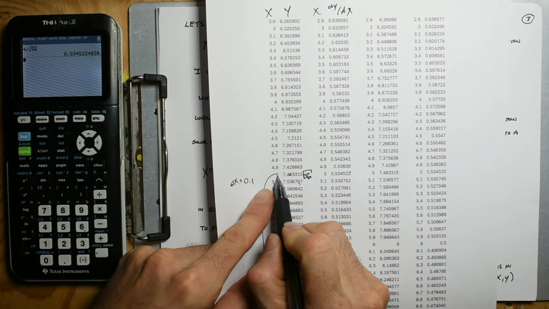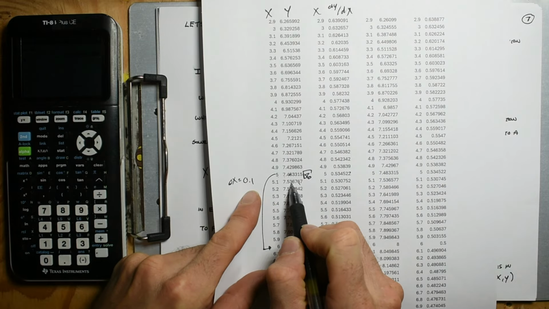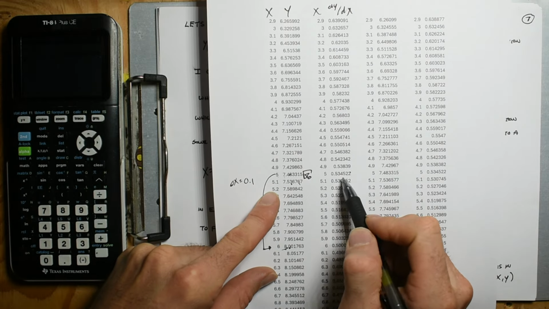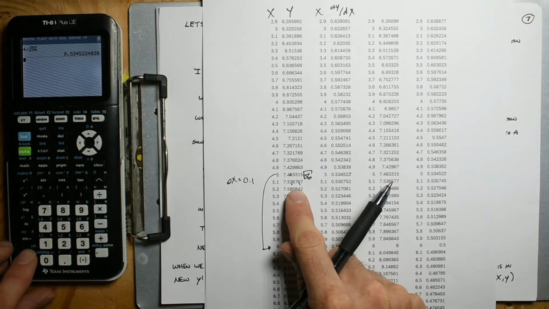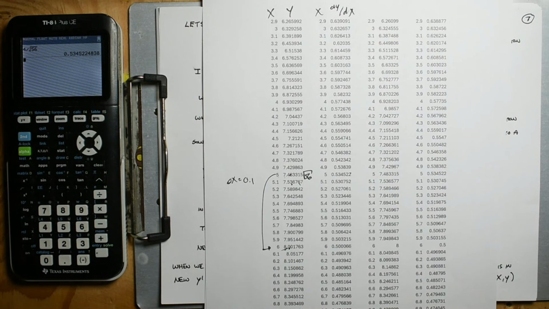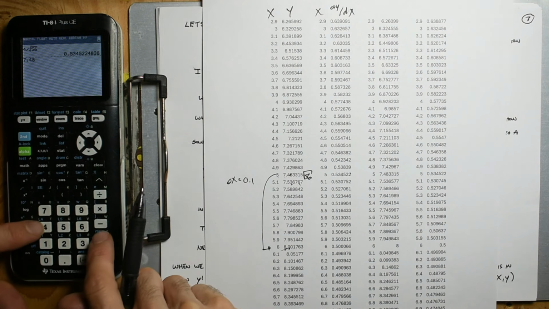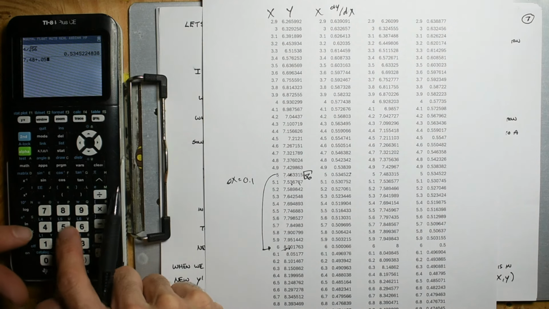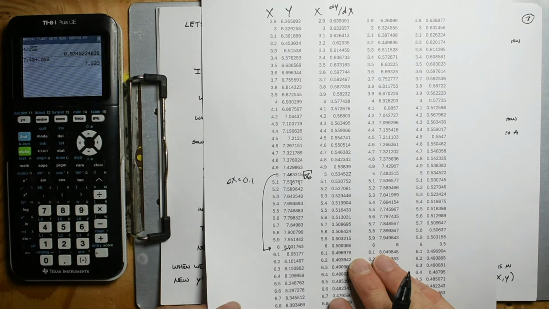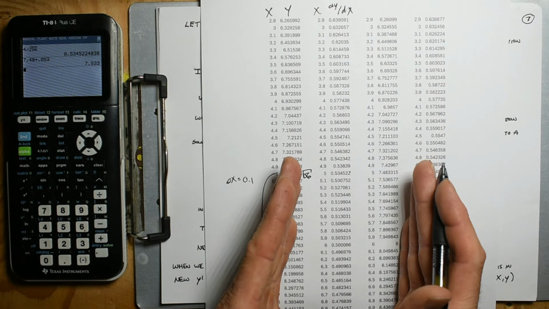From 5, it's going to be 7.48, and then it's going to go to 7.53. And so the difference there is just going to be 1/10 of this. Is that right? 7.48 plus 0.053 is 7.53. So it's 1/10 of that, because I'm only going 1/10 in the x direction.